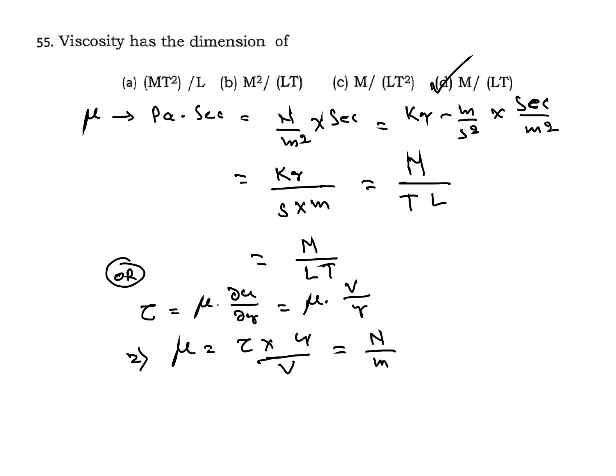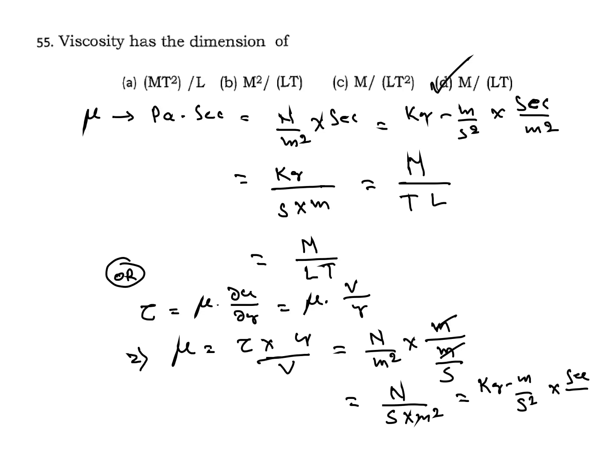Newton per second into meter square. Again we will do the same thing, kg meter per second square into second per meter square. So we will get M by LT. Same answer.